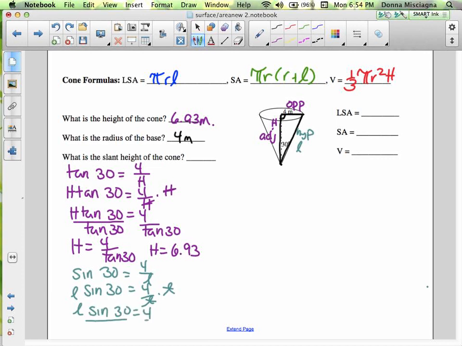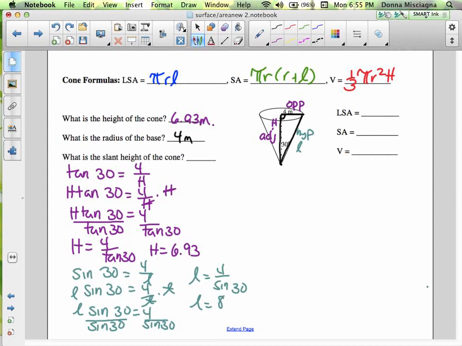Let's divide both sides by sine 30 so we can isolate slant. So slant is equal to 4 divided by sine 30. Now let's put that into the calculator. 4 divided by sine 30 is, look at that, the pretty number, 8.